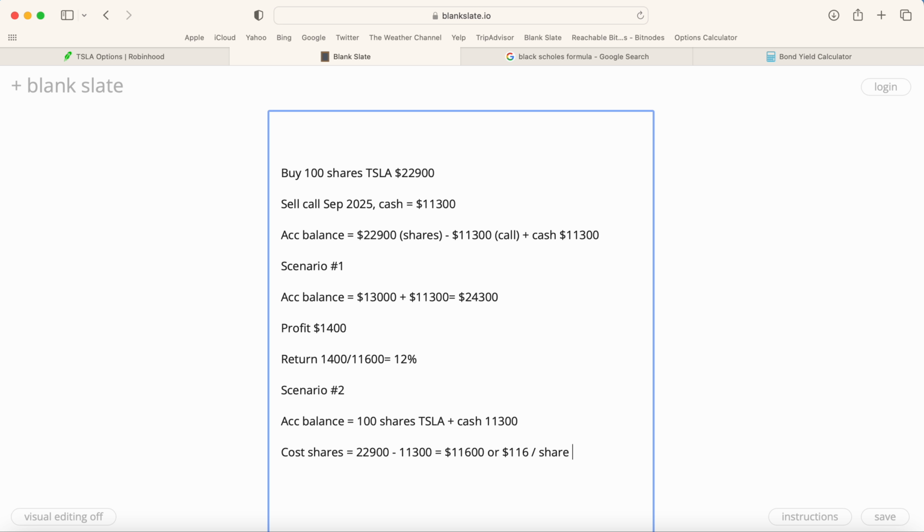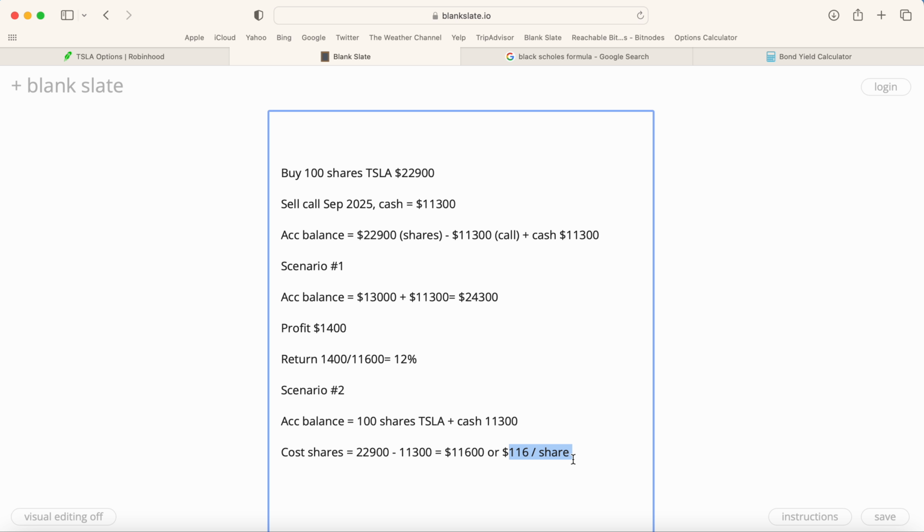Think about it. Today, the shares are trading at $229 per share. And if they go down, you are basically securing $116 per share. Now, obviously, if they go lower than that, that is a risk associated with the investment.